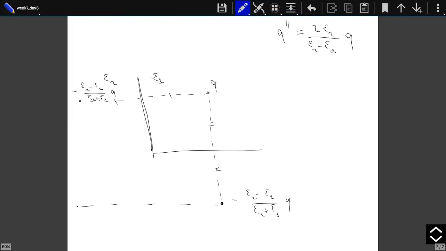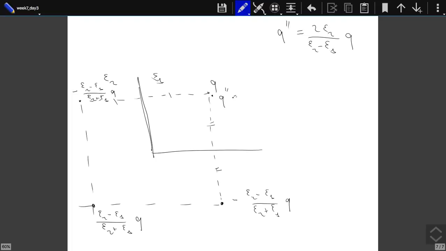And we have this charge over here, which is (epsilon 2 minus epsilon 1) divided by (epsilon 2 plus epsilon 1) Q. And so here we have Q double prime. Q double prime is the charge that an observer in region 2 sees. It doesn't see Q, Q1, Q2, Q3, or Q4. It only sees Q double prime.